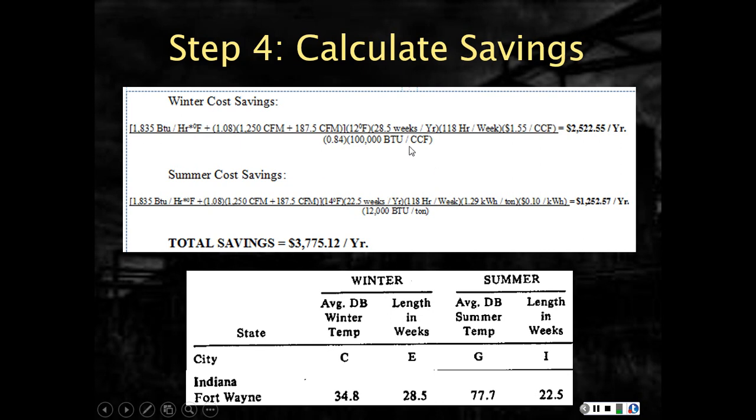I work the same thing on my cooling side. Down here happens to be the Fort Wayne, Indiana correlation weather data. You'll notice this 28.5 week length of the winter season under heating. That's where this came from. Also, the 22.5 weeks for the summer season came from here.